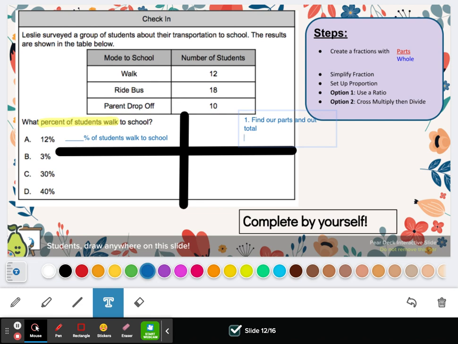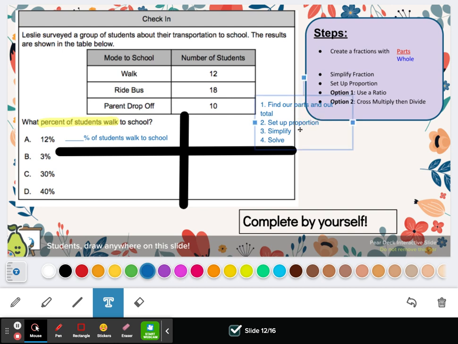Step 2 is to set up a proportion. Step 3 is to, if we can, simplify. And then number 4 was solve.